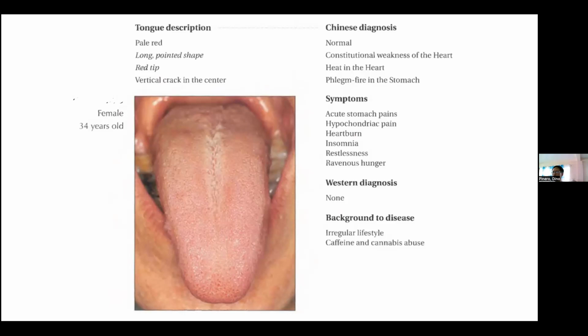So there's phlegm fire in the stomach. Patient's symptoms are acute stomach pain, hypochondriac pain, heartburn, insomnia, restlessness, ravenous hunger. Western diagnosis, there's none. And background to disease, irregular lifestyle, caffeine, and cannabis abuse.